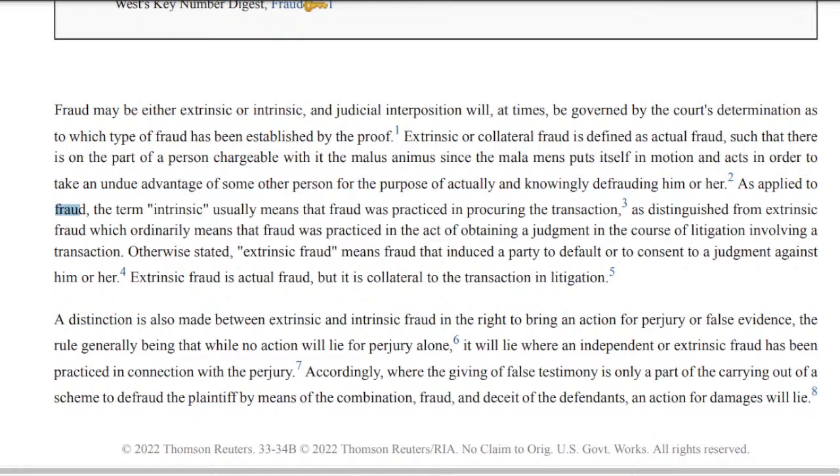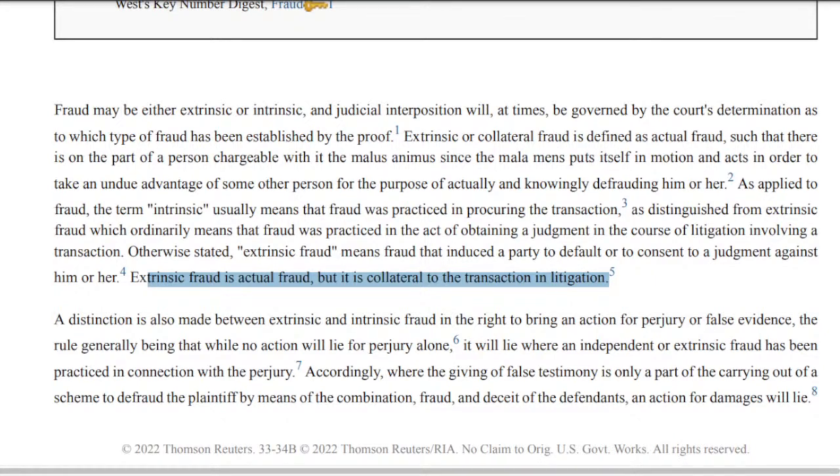As applied to fraud, the term intrinsic usually means that fraud was practiced in procuring the transaction, as distinguished from extrinsic fraud, which ordinarily means that fraud was practiced in the act of obtaining a judgment in the course of litigation involving a transaction. Otherwise stated, intrinsic fraud means fraud that induced a party to default or to consent to a judgment against him or her. Extrinsic fraud is actual fraud, but it is collateral to the transaction in litigation.